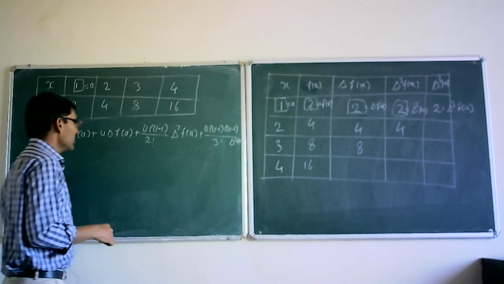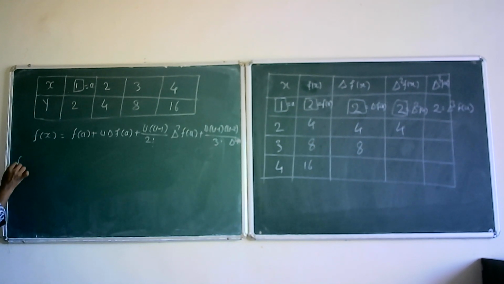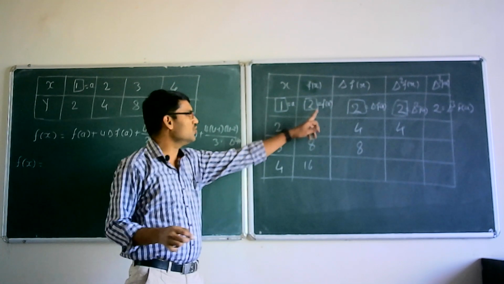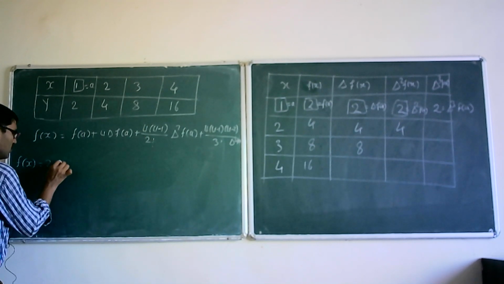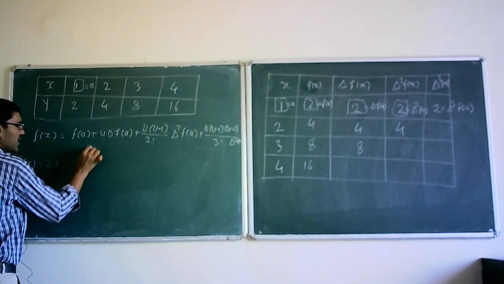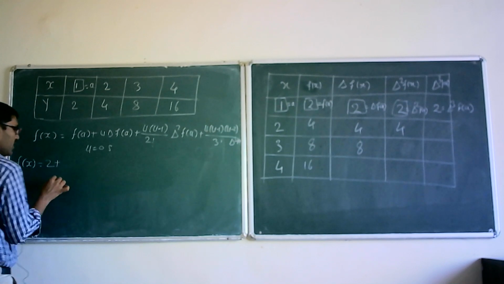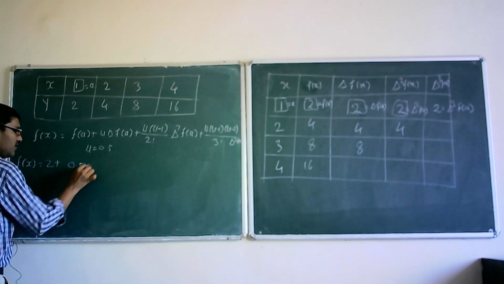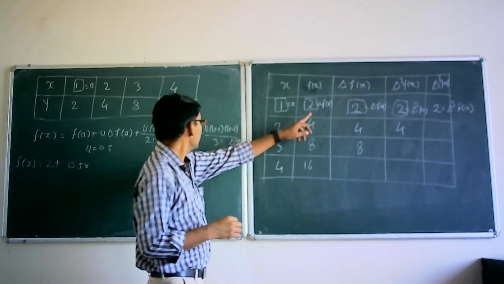Okay, so f of x is equal to f of a. What is f of a? 2, plus what is the value of u? We know that u is 0.5. So 0.5 into delta f of a.